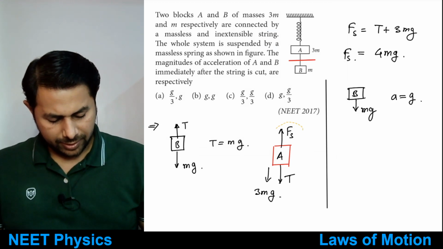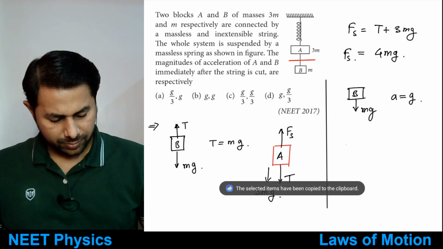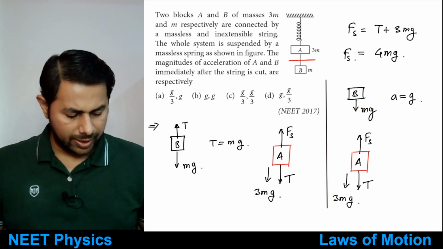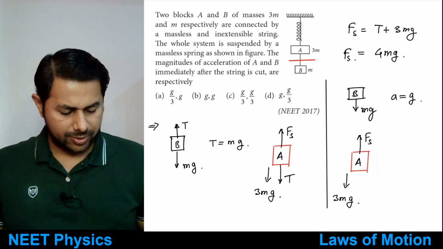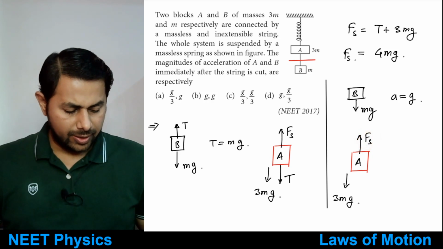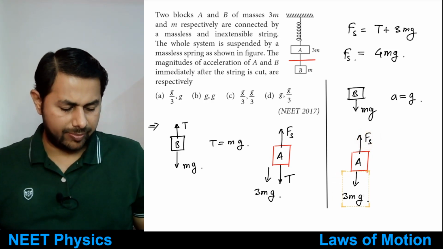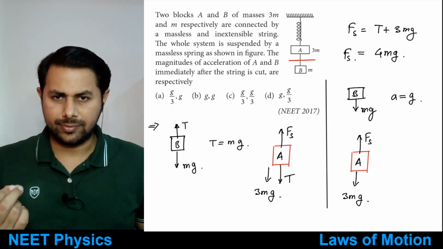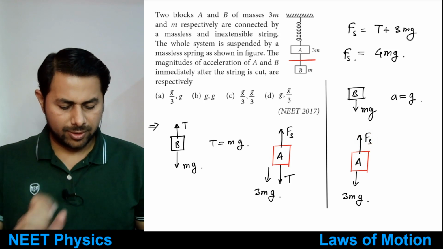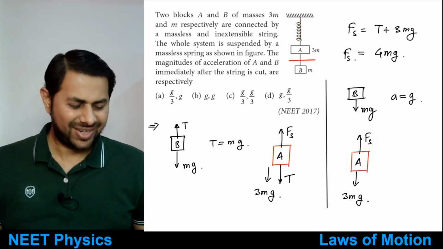So for this one, now again the string is cut, so tension would be equal to 0, but then the system will come to equilibrium, but it will take some time. The net force upwards is Fs, so the spring doesn't know that the string is cut, right?